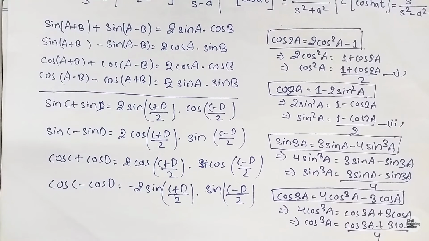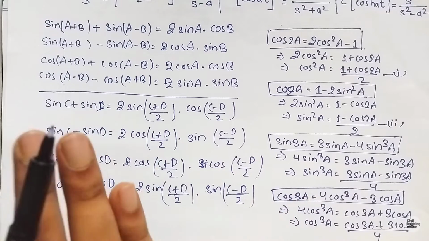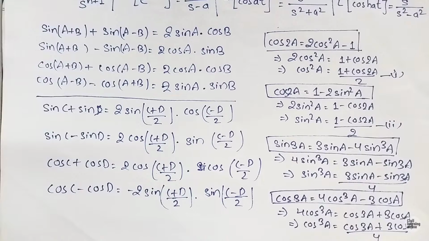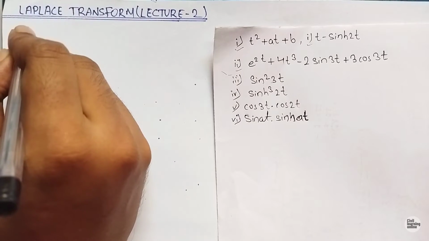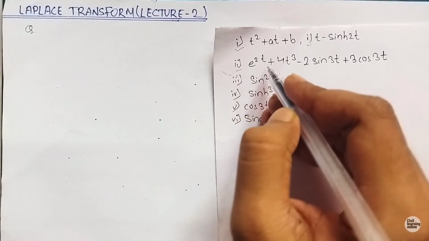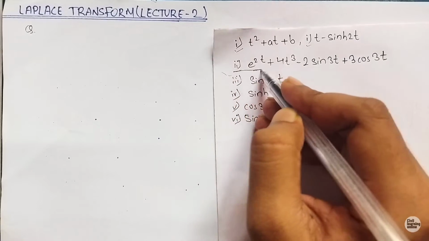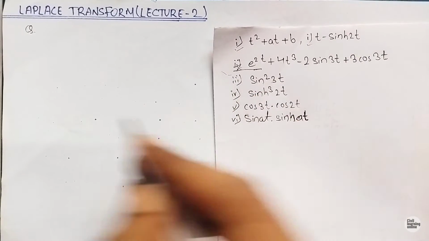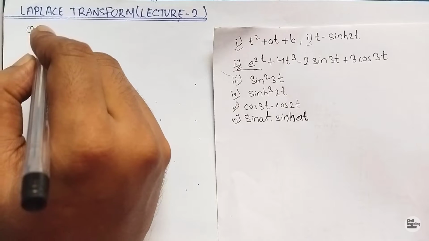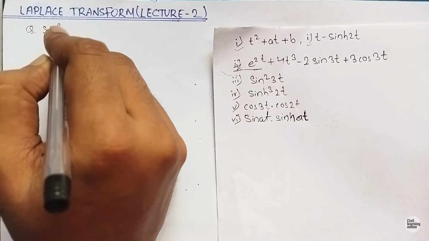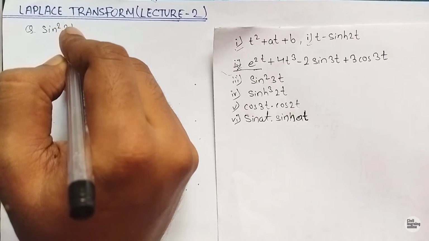Now let's continue our lecture with the solution of the numerical problems which I showed you at the beginning of this video. So let me write down the question. We have learned the solutions up to this problem, so I am going to show you the solution of sine square 3t.